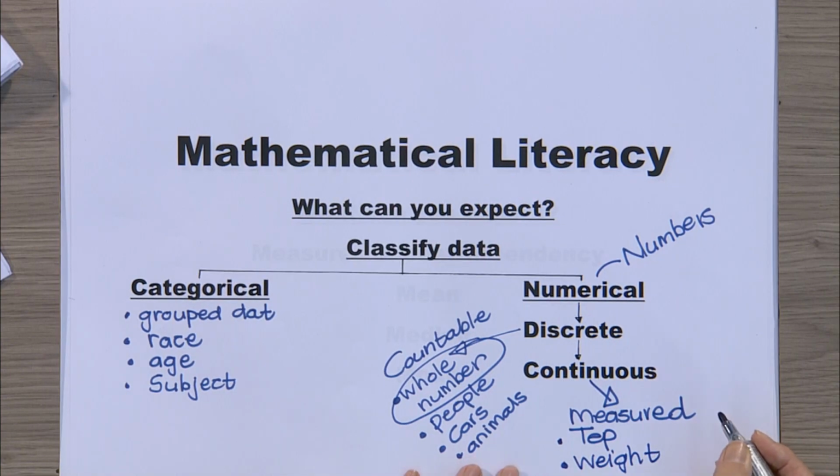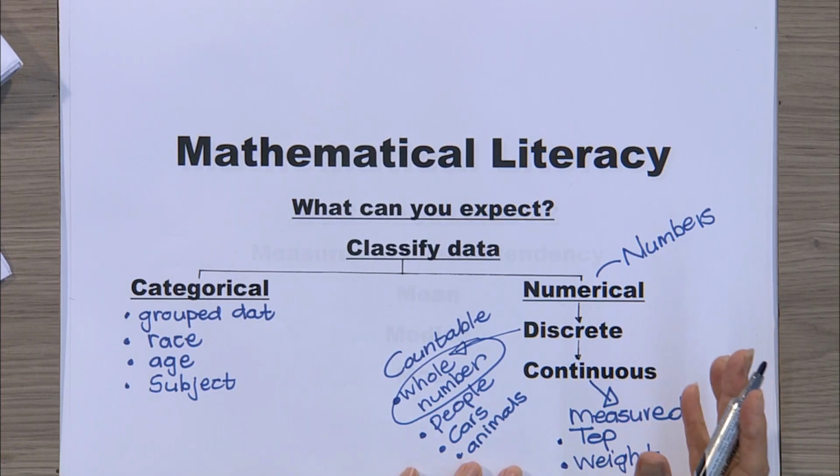Or how tall you are. Those are all things that can be measured. The temperature of today, according to the weather, they normally round and say the temperature is 24 degrees. But it's not necessarily the correct temperature. The temperature can be 24.1, 24.5. It can be anything like that.